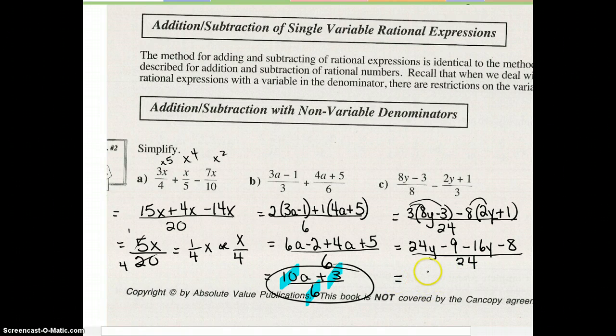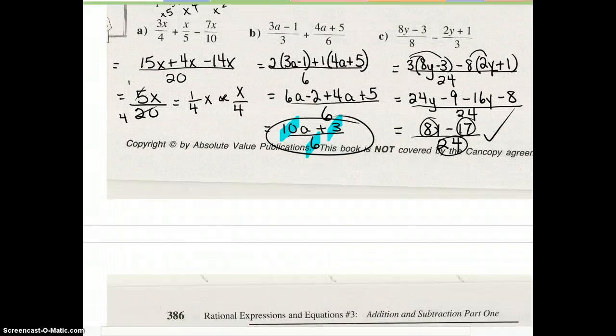Collect your like terms. 24y minus 16y will give me an 8y, and then the numbers as well. So I end up with negative 17 on top, and on the bottom I end up with a 24. Cannot reduce it. There is nothing that goes into this term and this term. So we are done. All right, let's turn the page.